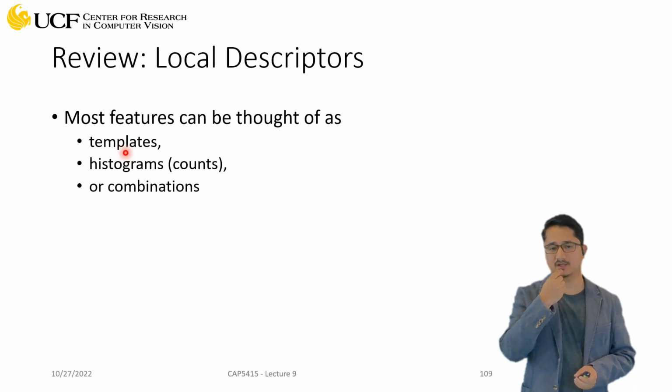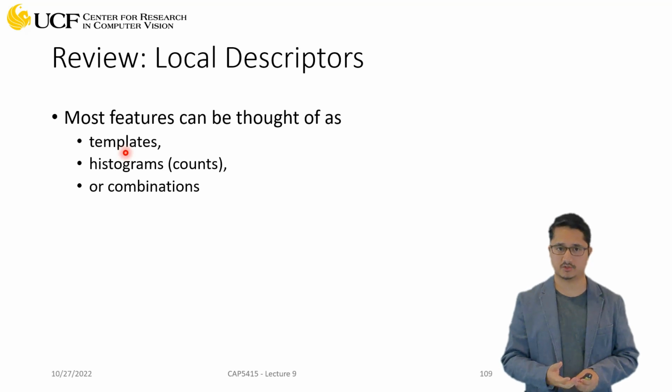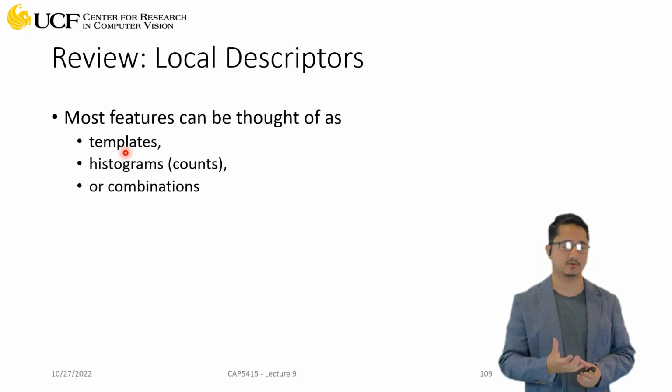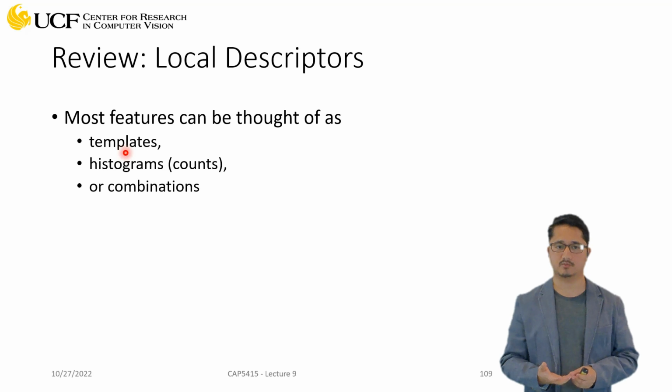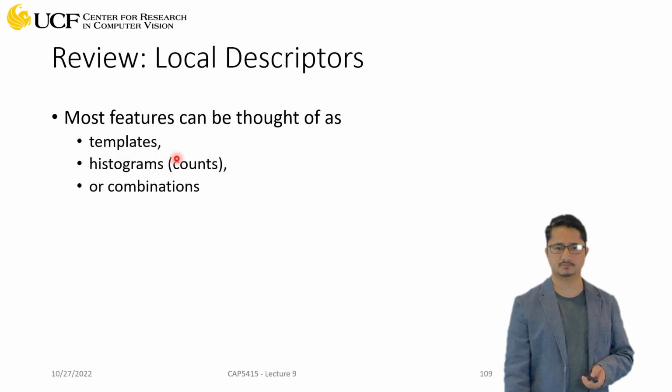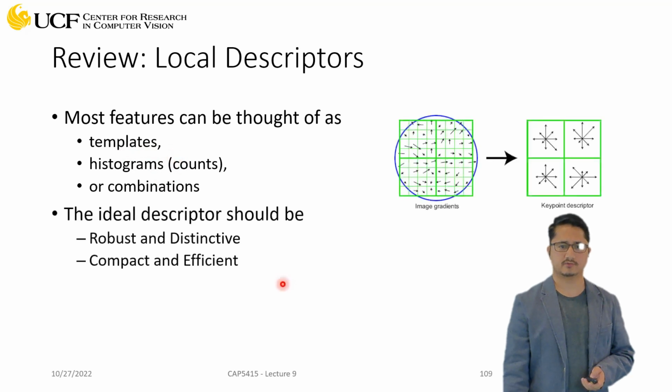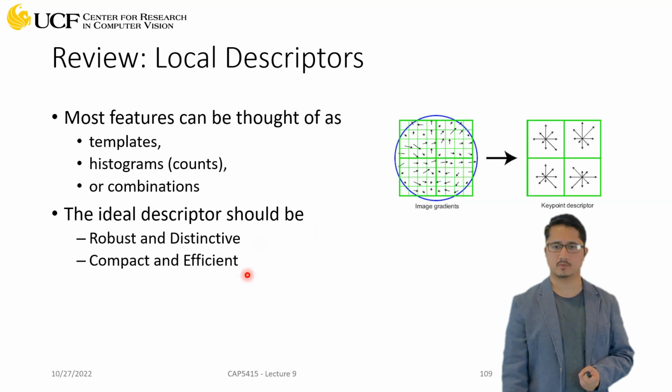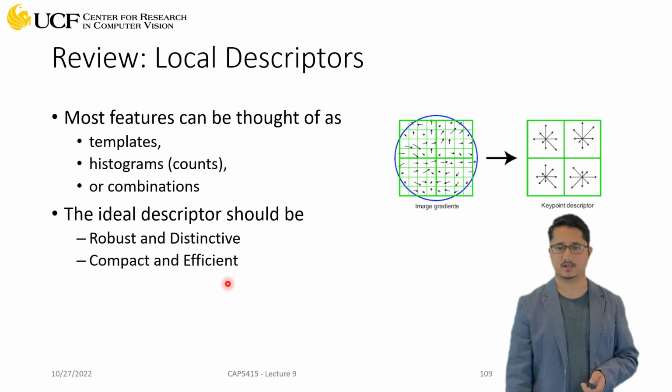So in a way, even the Laplacian of Gaussian is the template you're actually looking for in an input image, and you can change that template. And most of the time it's a combination of these two. And again, these are just very common properties which we want to have in these features. They should be robust, they should be distinctive, and of course, they should be compact as well as efficient.